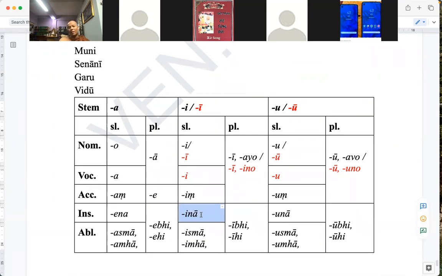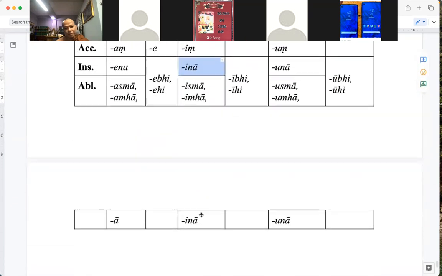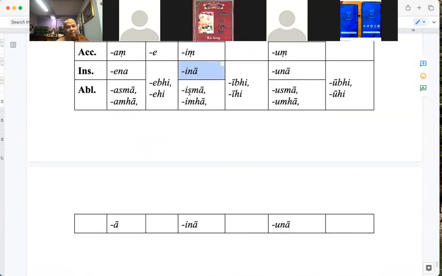Plural is munibi and munihi. And the ablative. Ablative is munisma, munimha, and munina. Okay. For plural, munihi, munibi.